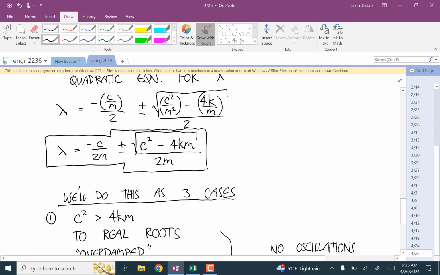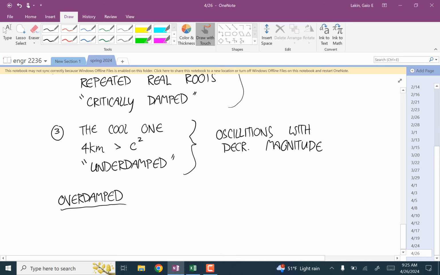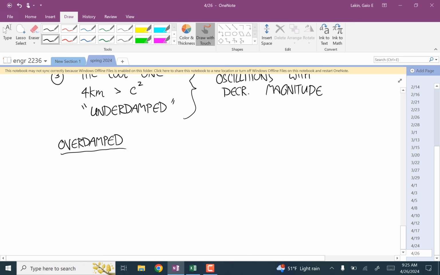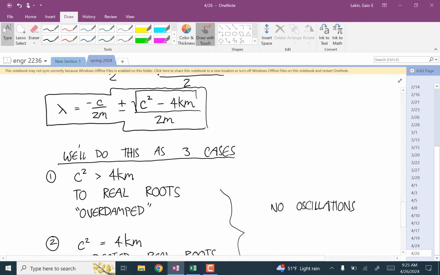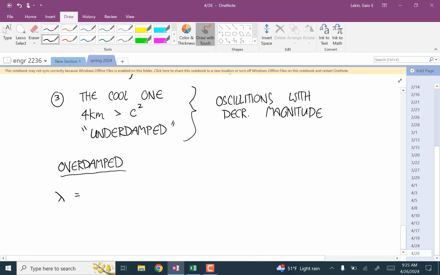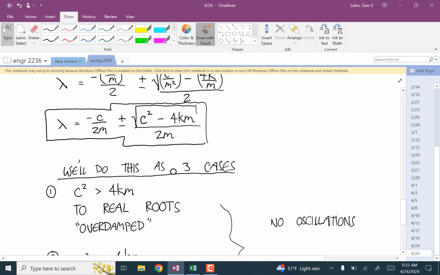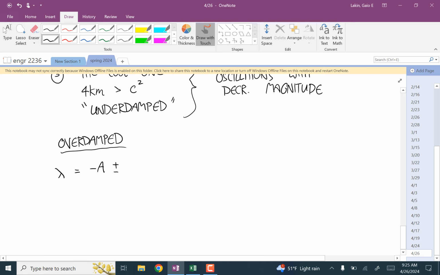Remember the quadratic formula? I guess I don't. Okay, overdamped case. Lambda is equal to, we're going to call this first term, the negative c over 2m, I'm going to call that negative a. And then I'm going to call the square root over 2m term b. Okay? You with me on that?